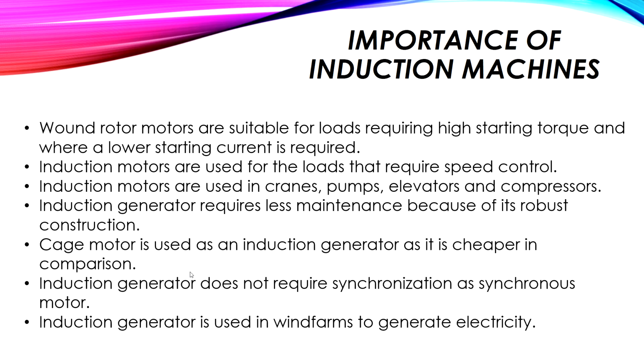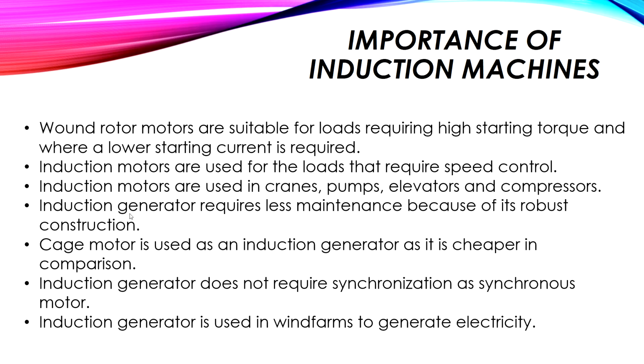So, the induction machines in general, or the induction motors specifically, are used for loads that require speed control, with wide speed control methods. The induction motors are used in case of requiring high starting torque and low starting current by using the wound rotor or the slip ring types, and the induction generator is used inside the wind farms.